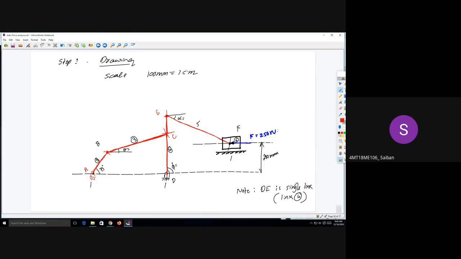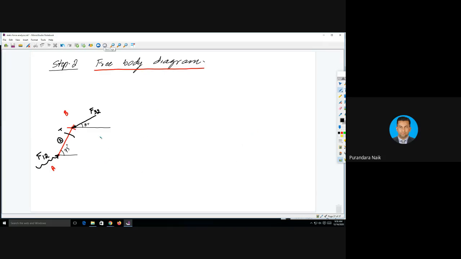Didn't do it, sir. Doing, sir. Still doing? It is just cutting the point. Saiban is getting 32 degree. You check your answer.